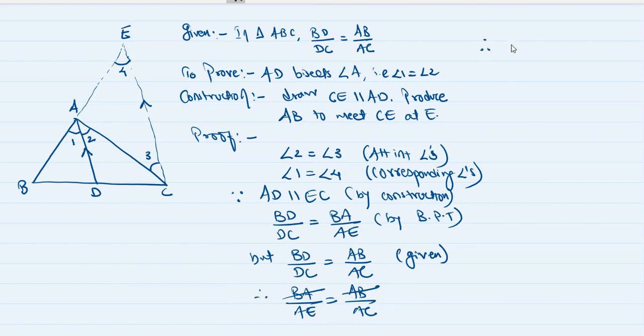Therefore AE is equal to AC. Look carefully at the figure, AE is over here, AC is over here, and therefore we can say that angle 3 is equal to angle 4. Why are angle 3 and angle 4 equal? Angles opposite to equal sides.